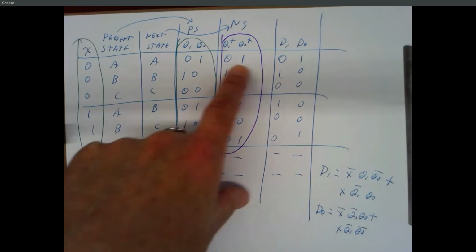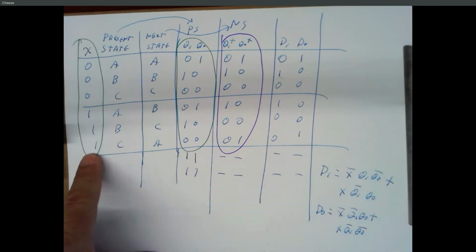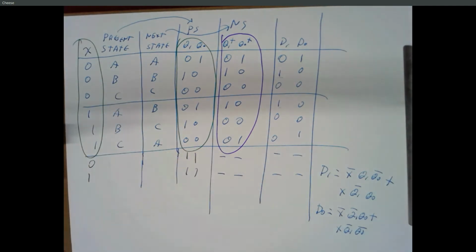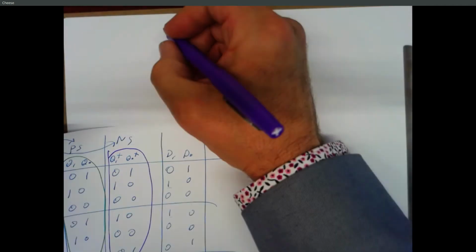Right, so there's a 1 right here, that's X, Q1 bar, Q0. And there's a 1 here, that's X, Q1 bar, Q0 bar. Right, so that's just a plain old sum of products. So what do we do with all of this?